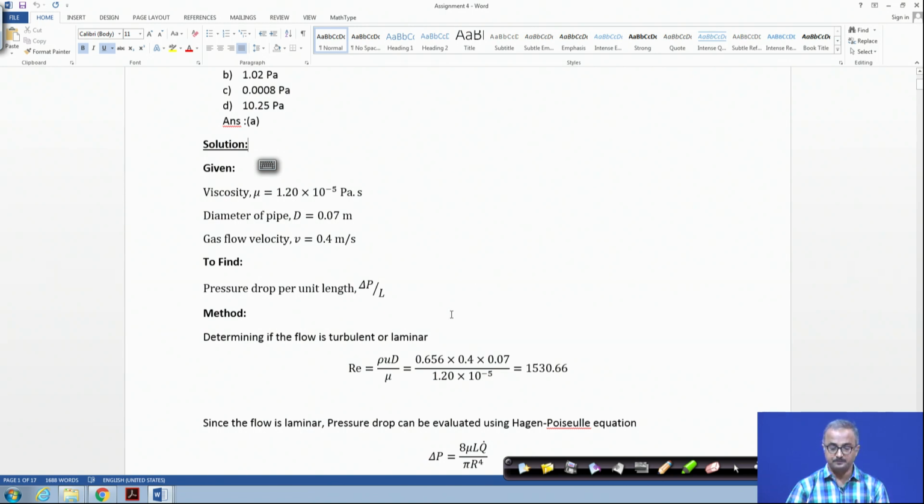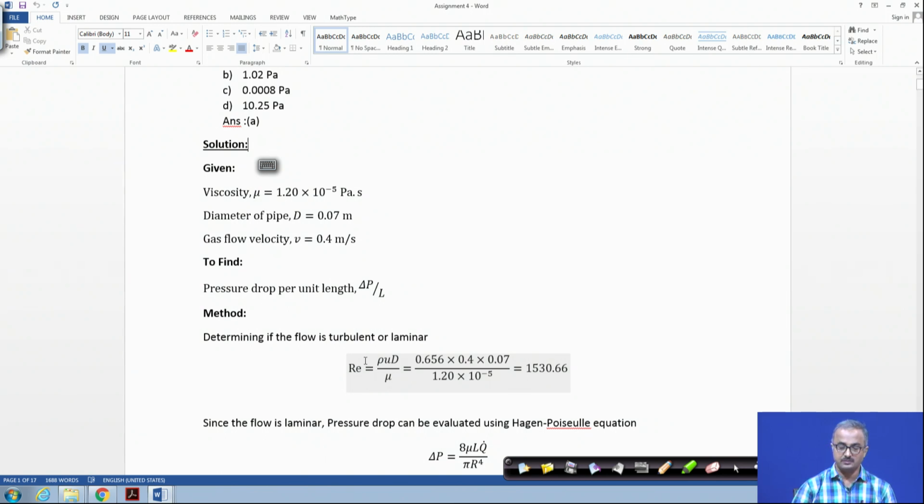In this case, we first find the Reynolds number to ascertain what kind of flow it is, because the Reynolds number decides the value of the pressure drop, and depending on its value, we select the appropriate correlation to calculate the pressure drop.